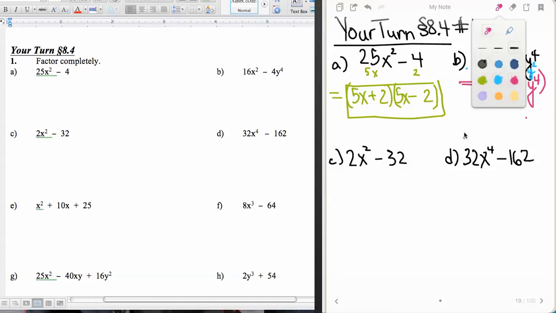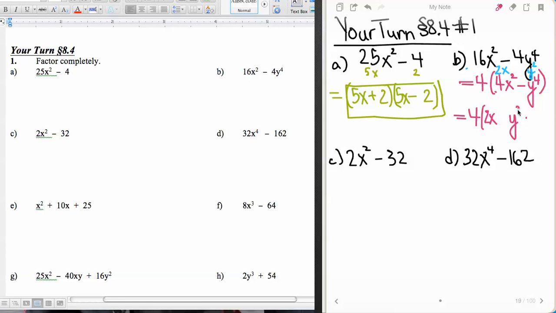And so now I'm going to finish that factoring out. Don't forget my GCF, 4, and then the root 2x and the root y squared and the root 2x and the root y squared, and then those are conjugates, one with a plus and one with a minus, and that'll finish it out. Now that one, neither of them will go further, always check that.